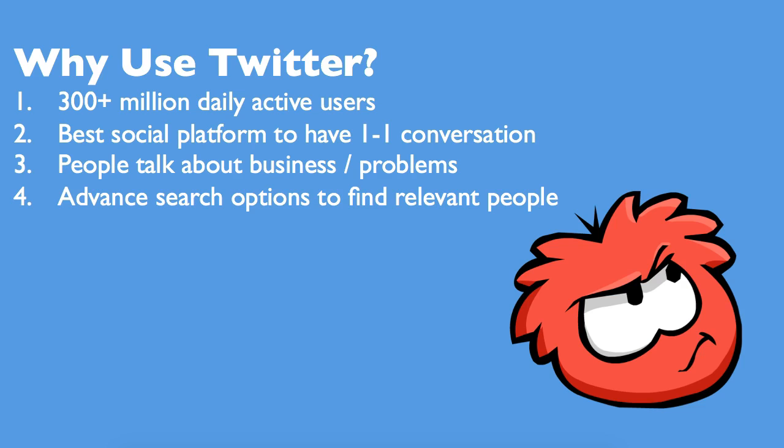On Facebook, to talk to someone, you have to send them a friend request first. But on Twitter, you can send a tweet to anyone out there. And then number three, there are a lot of people who talk about their business issues and problems on Twitter. You can find them and engage with them.